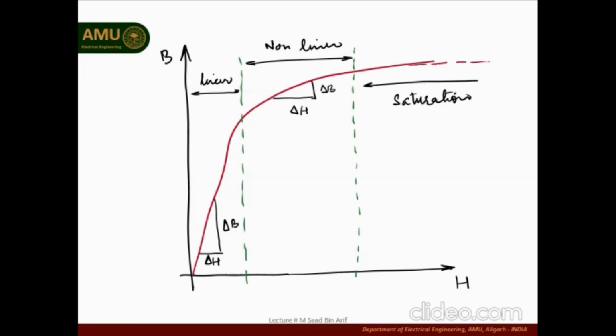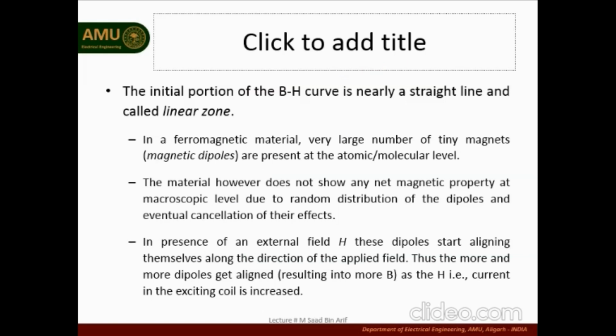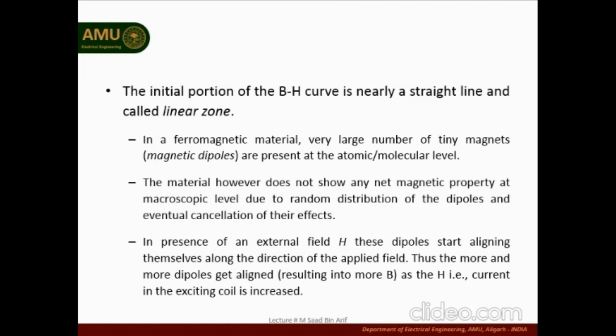Let us study each region one by one. See, the initial portion of the BH curve is nearly a straight line and is called a linear region, as I told you earlier. In a ferromagnetic material, what is going on?